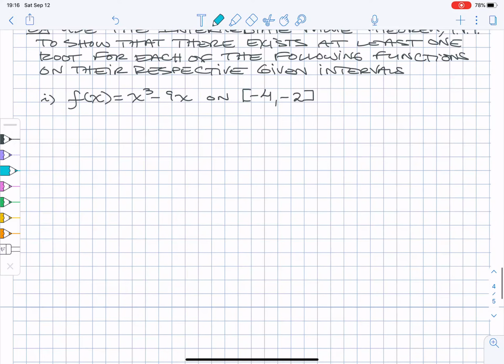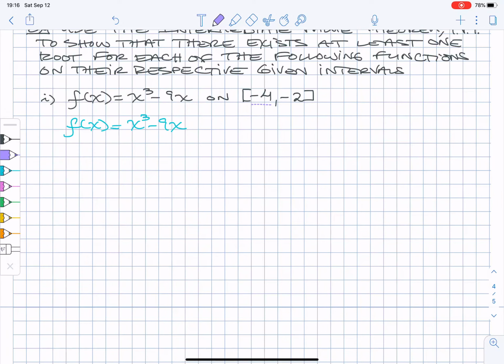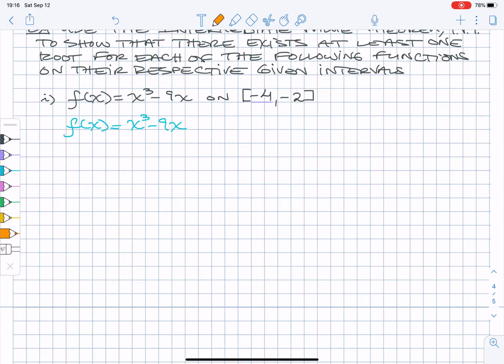Okay, so we have f of x is x cubed minus 9x, and we have our interval from -4 to -2. Okay, so let's first evaluate f.